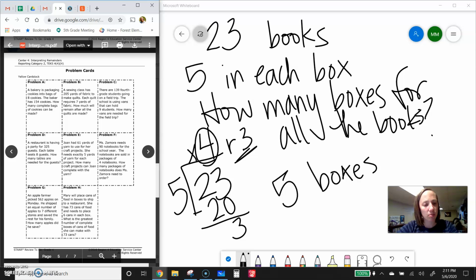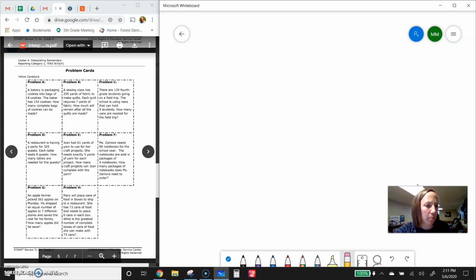So there are 8 problems for you to work on. Sometimes you can draw a picture, but a lot of these numbers are too big, so it'd be a little tricky to draw. But you can think about what it's asking. So problem A: a bakery is packaging cookies into bags of 8 cookies.